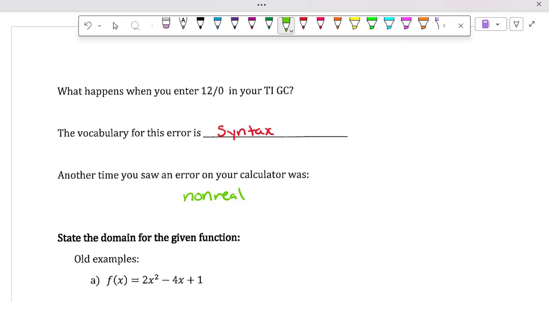It just doesn't exist. That's why we say it's undefined. I bet you guys never really knew why we can't divide by 0, did you? When I was going through school, I had no clue why we can't divide by 0. All I knew is that we couldn't, and I accepted that fact.